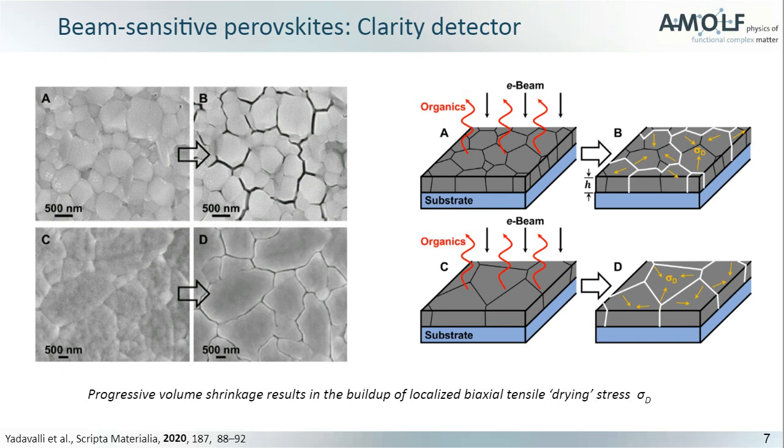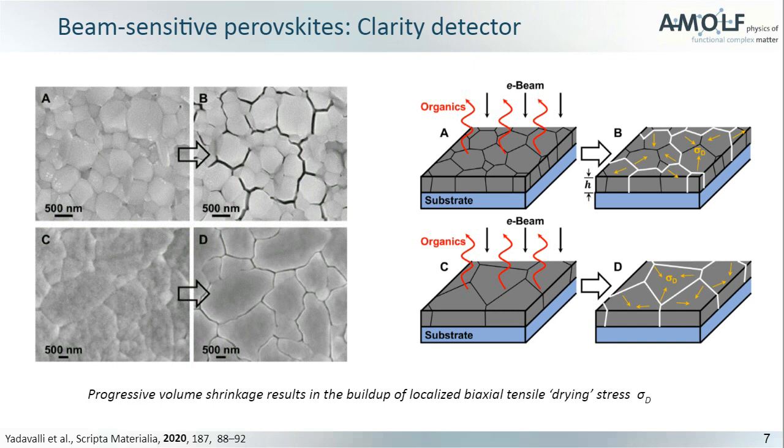The reason for this is that the electron beam helps the evaporation of the organics, and the progressive volume shrinkage results in biaxial tensile stress. That means that the perovskite breaks, so we have many cracks, and the material also becomes less crystalline. So for this specific application, the Clarity detector was perfect because we don't have to use very high current.